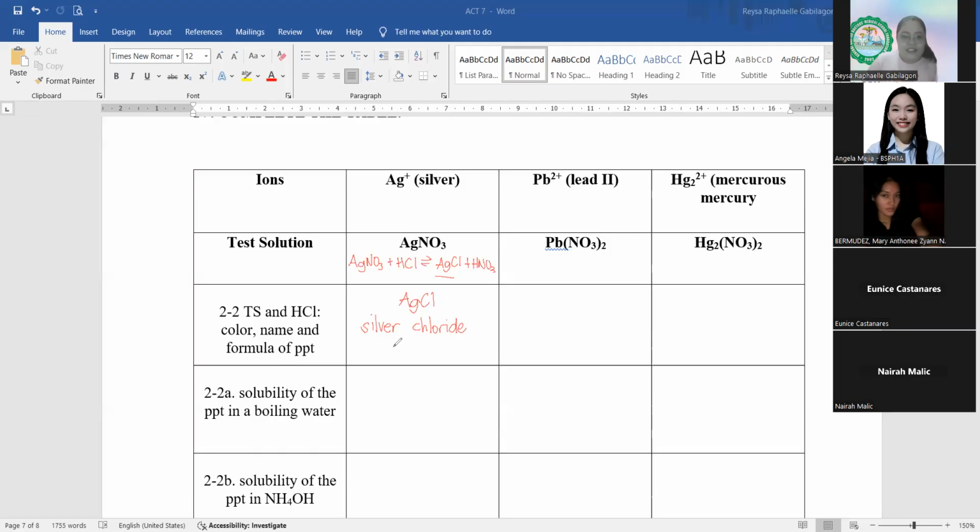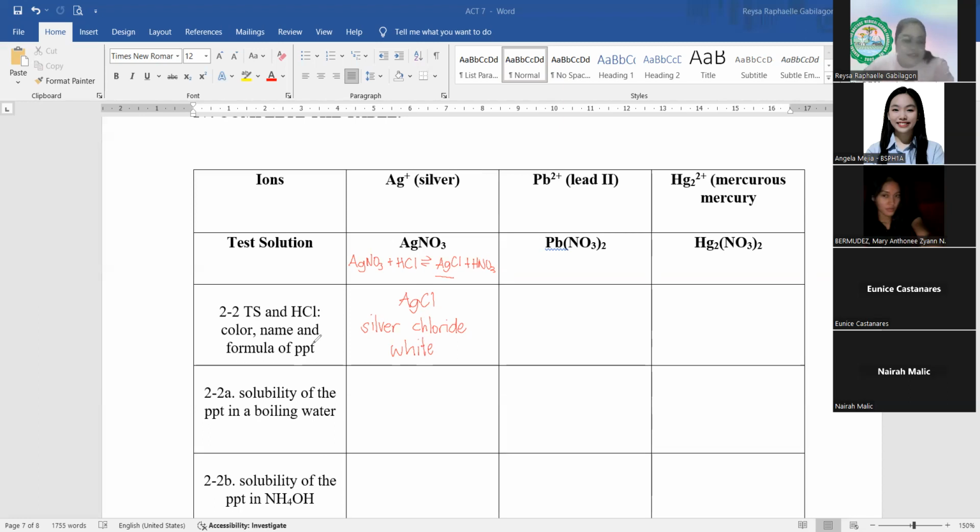In your experiment, it precipitated. And yes, Aya is right, it's white. The silver chloride is always white. So put that in the box.